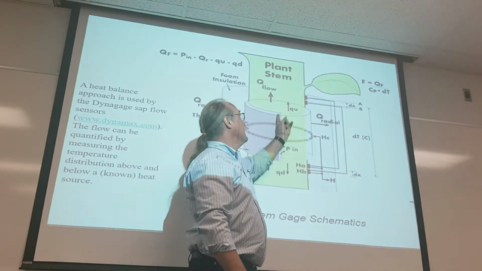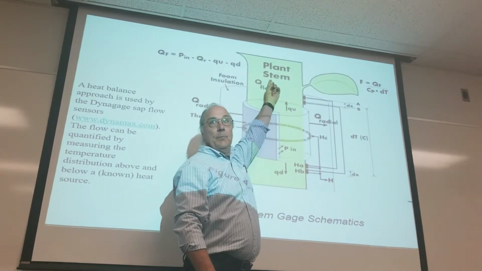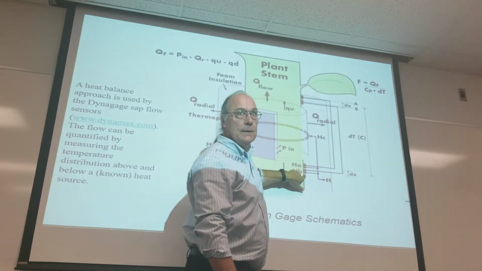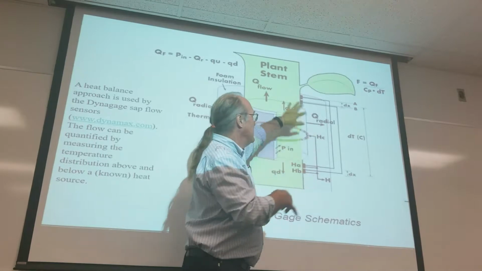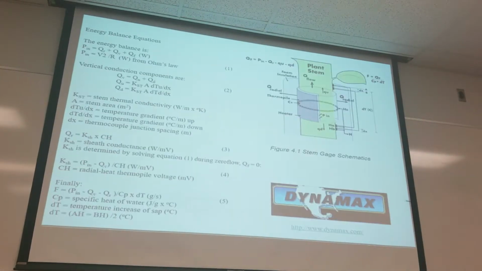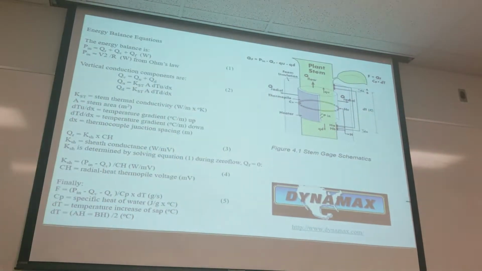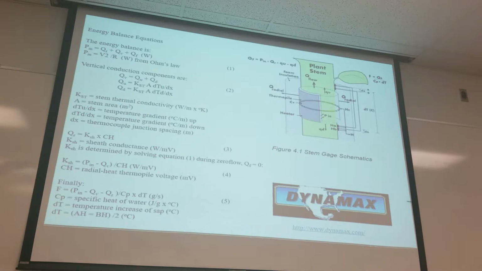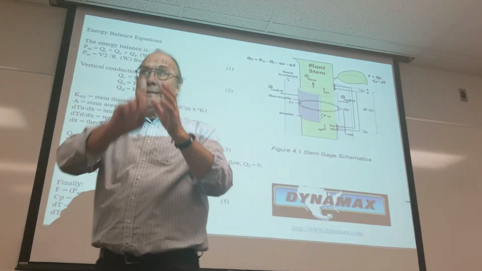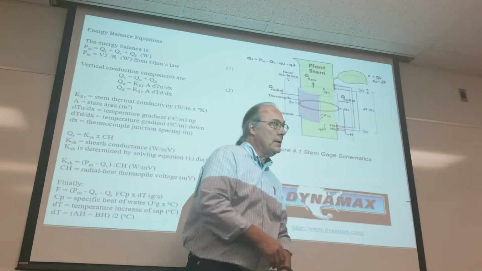But when water is moving through the stem, it takes some of this heat and moves it up. And so you get higher temperatures here compared to here. And based on those differences in temperatures, you can calculate a flow rate. So here's a series of equations that I'm not going to talk about that are consistent with this way of measuring sap flow, stem flow for a single plant or a single branch on a plant.